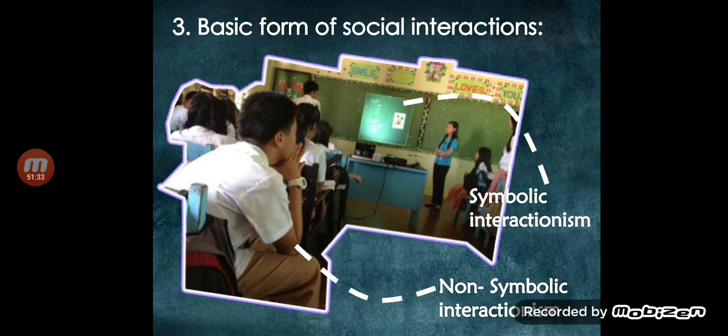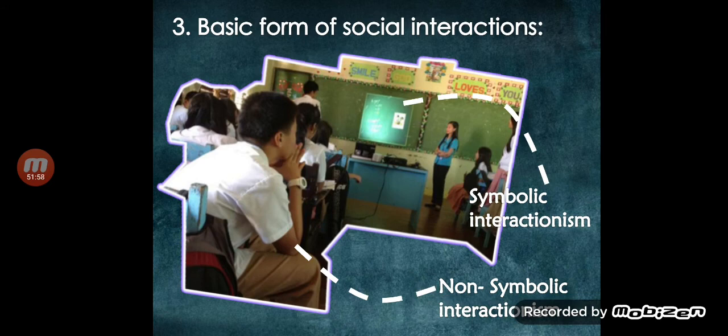And lastly, as a result of that ongoing interaction, the sounds, the gestures, the facial expressions, and even our body postures in dealing with others acquire symbolic meaning that is shared by people who belong to the same culture.